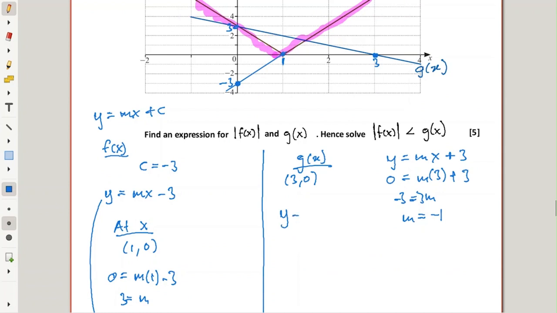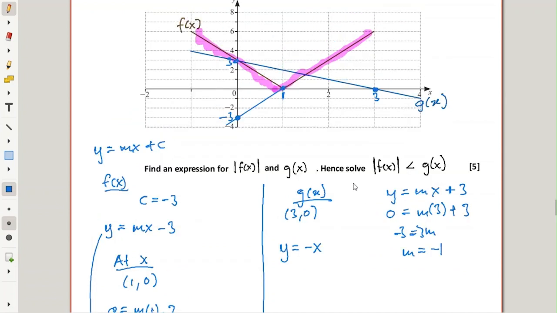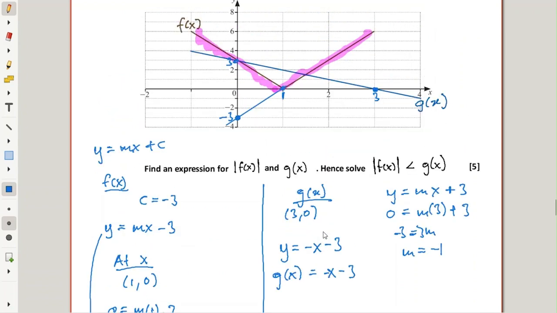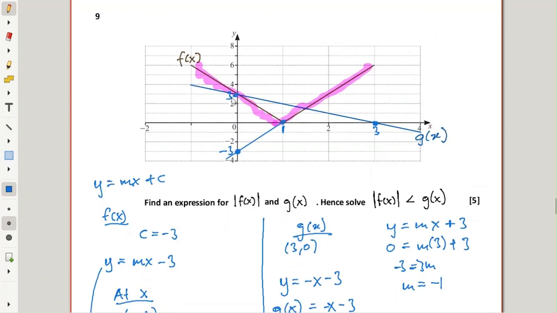So your equation is going to be -x, and your y-intercept is what? 3. So that's it. So this is going to be your g of x. Mind you, my y-intercept is positive, so here it's positive.